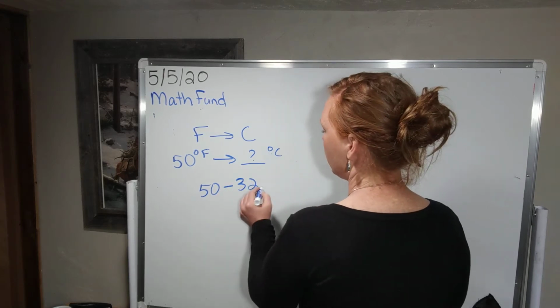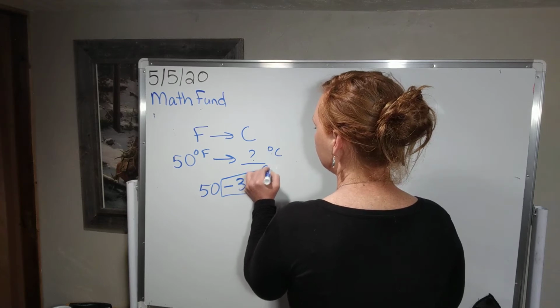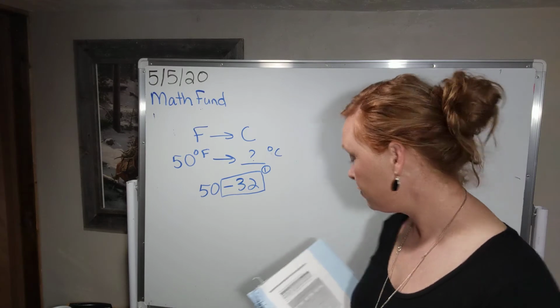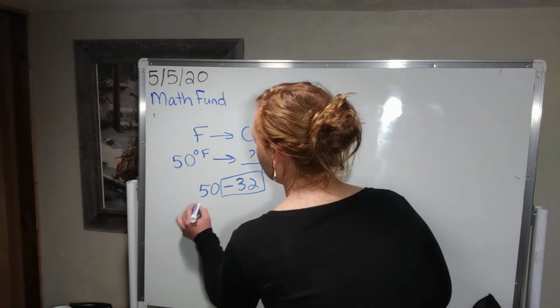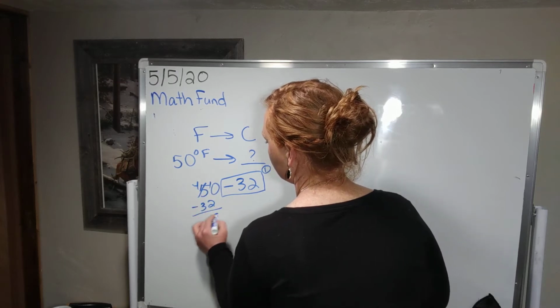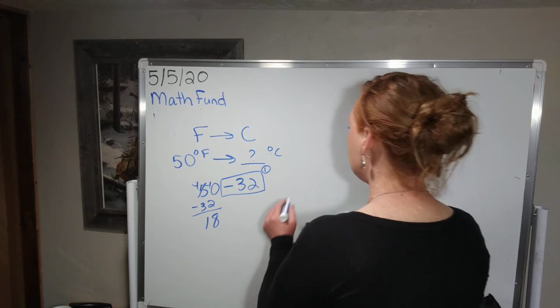So this is step 1. I'm just going to put a little box around it and put a number 1. Always subtract 32 degrees first. Okay, well, let's do that. 50 minus 32 is 18.